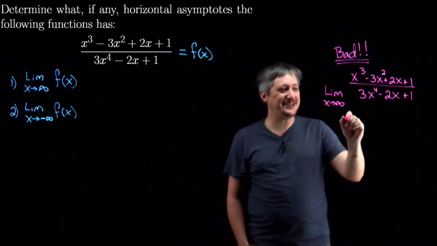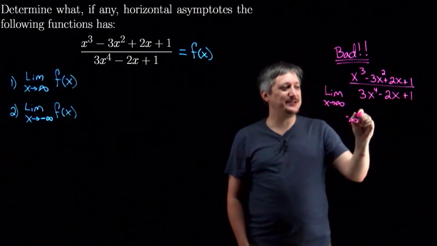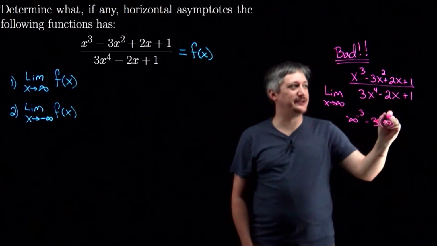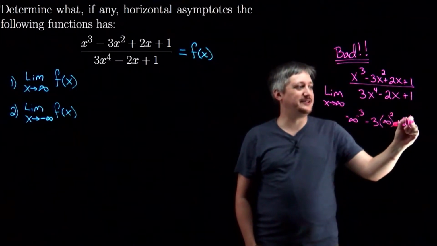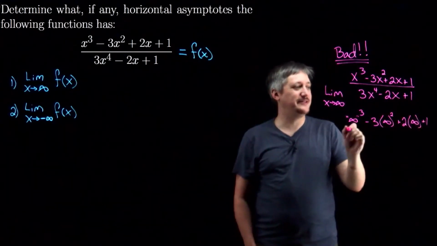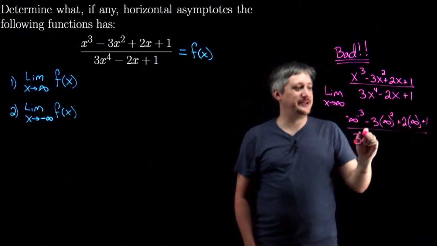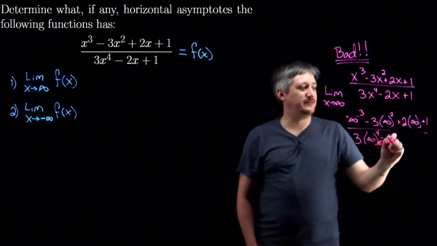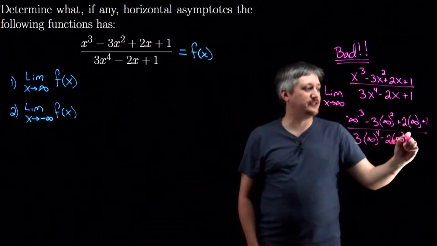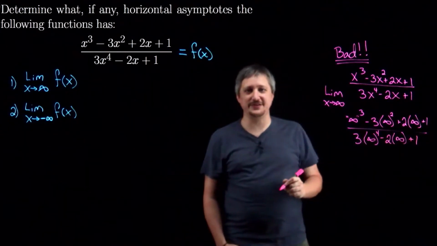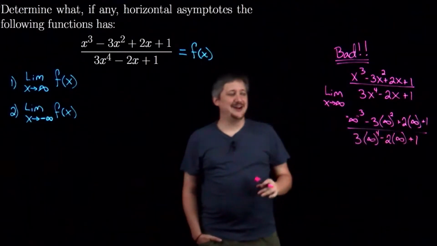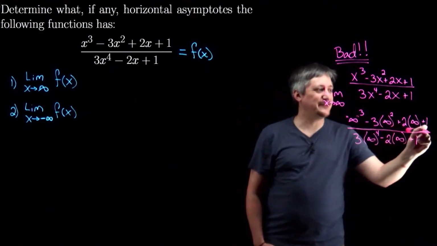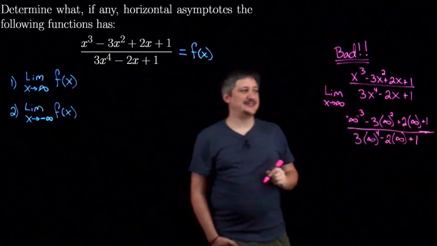You could do something like infinity cubed minus 3 times infinity squared plus 2 times infinity plus 1, over 3 times infinity to the fourth minus 2 times infinity. I'm hoping none of my fellow mathematicians in the department ever see this video for this one part, because I would catch no end of grief for having written infinity in an equation like this.